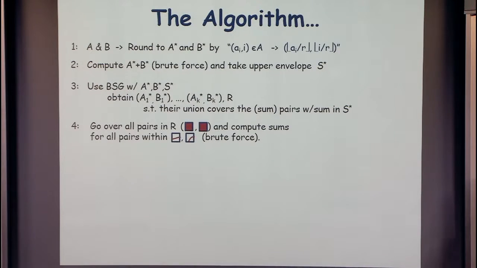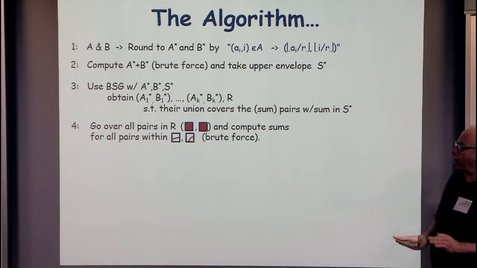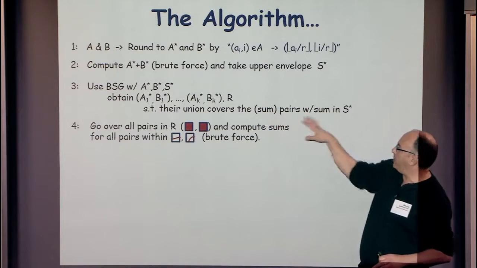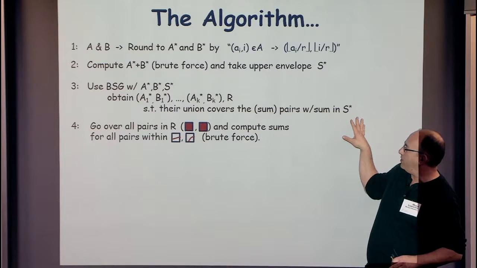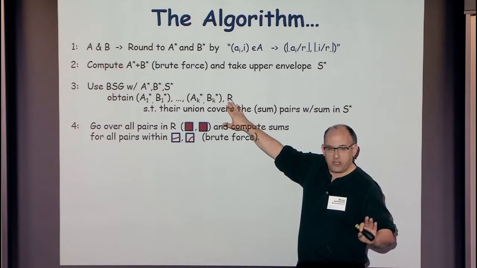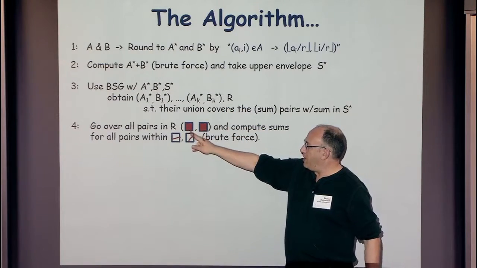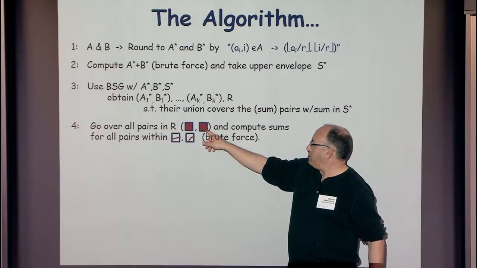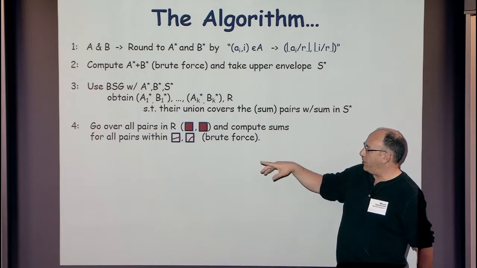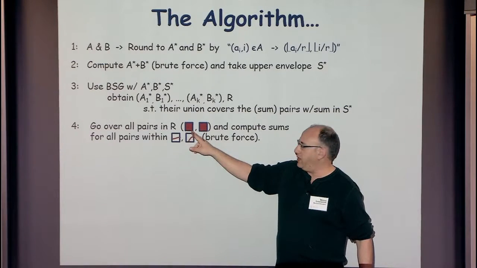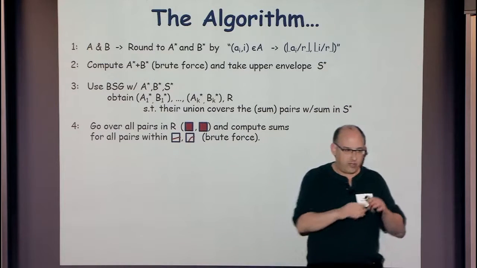Now what we do is we go over all the pairs in our R. We get the union of covers of all these pairs of sums. So we first take a look at R, the leftover one. That's the easy one. We go over every pair in R, which is a point from A and a point from B, and we compute their sums for all the pairs. So if we take a look at this element from A, initially it was rounded down.